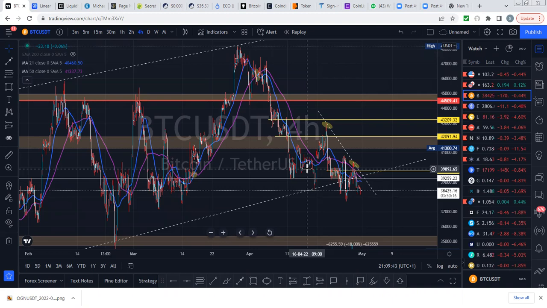But in a choppy market, price will be scattered. If you look at the chart, the chart will not be clean.